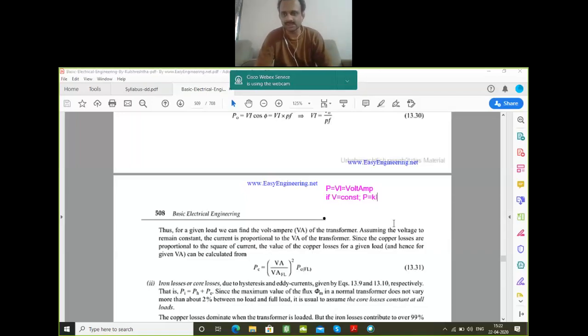So copper loss PC is equal to I squared R. I squared means it is proportional to P into P. P is equal to KVI, where K is V. V is constant, so it is proportional, not equal but proportional. So copper loss is proportional to V squared by R.